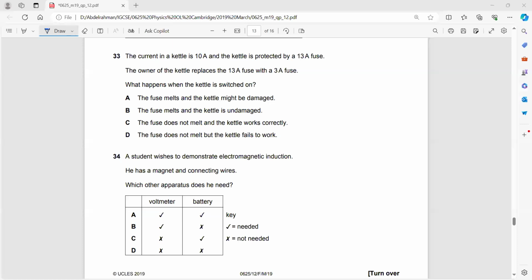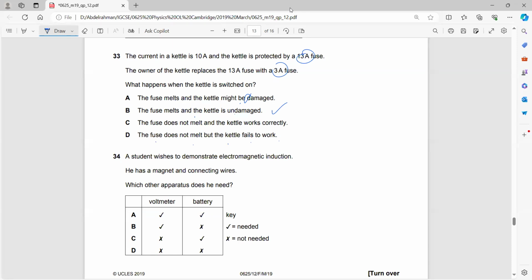Would the kettle be damaged? The fuse melts and the kettle might be damaged? The fuse melts and the kettle is undamaged? The fuse does not melt, but the kettle fails to work?